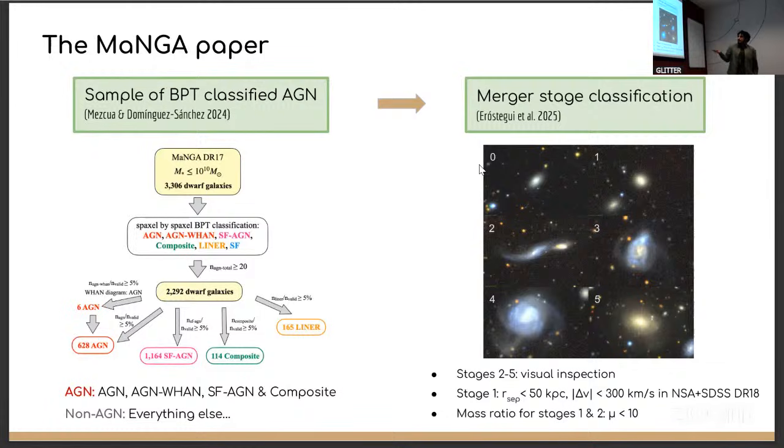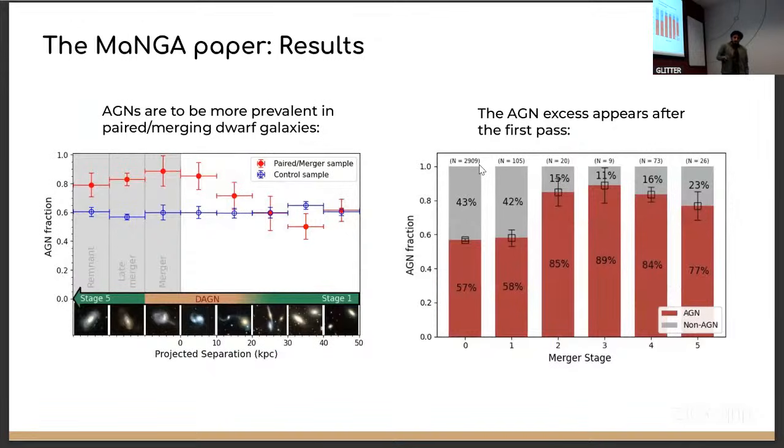Then I went through all 3,000 dwarf galaxies from that sample and classified them by visual inspection into 6 stages, where stage 0 is a non-interacting normal galaxy, stage 1 is a close pair, and so on until stage 5, which is the last remnant of a merger.